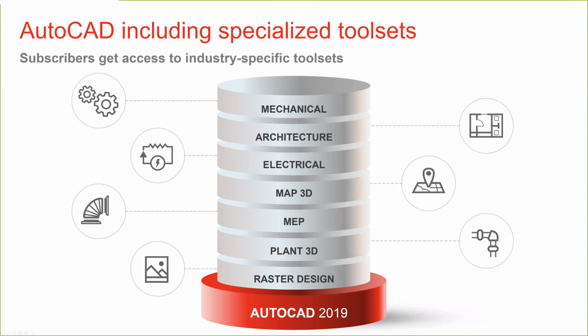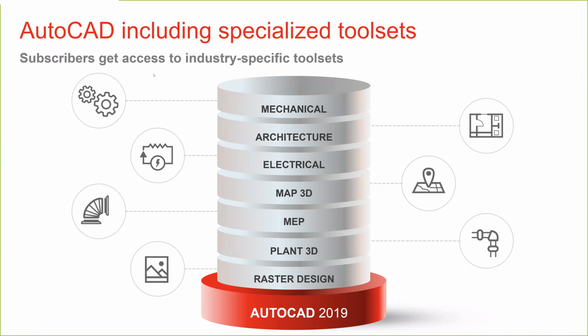This means that the over 20 years of experience of developing the different verticals will now be accessible to you with a single subscription. Now, we'll look at these specialized tool sets in detail over the coming slides.